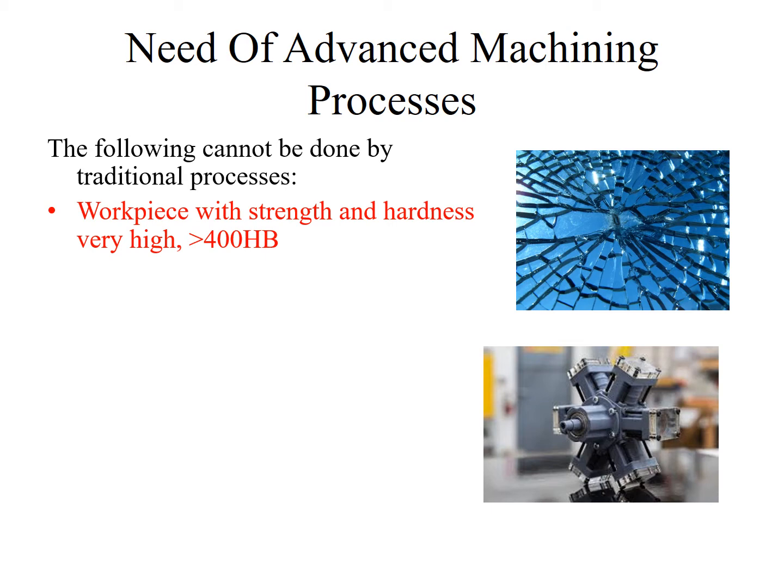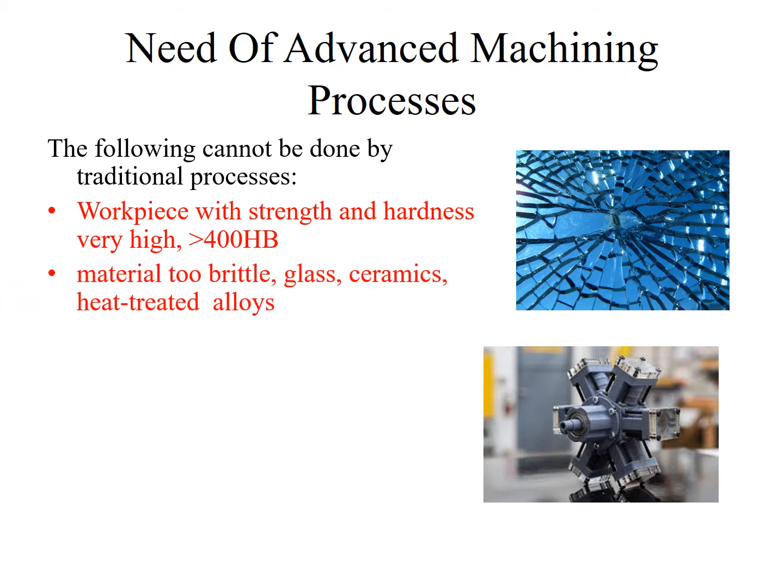This cannot be achieved by conventional machining. Another aspect is that demands for plastics, ceramics, and composites are increasing, but these are both hard and brittle for conventional machining. So they cannot be machined using conventional machining processes.